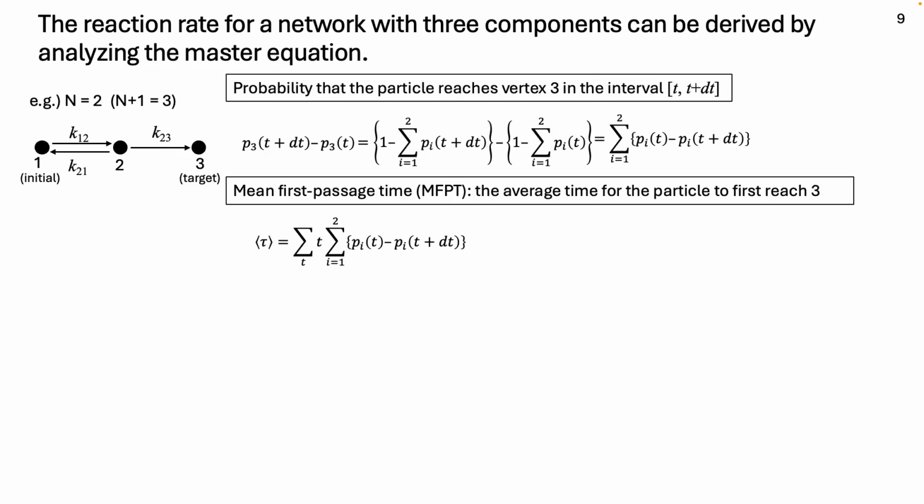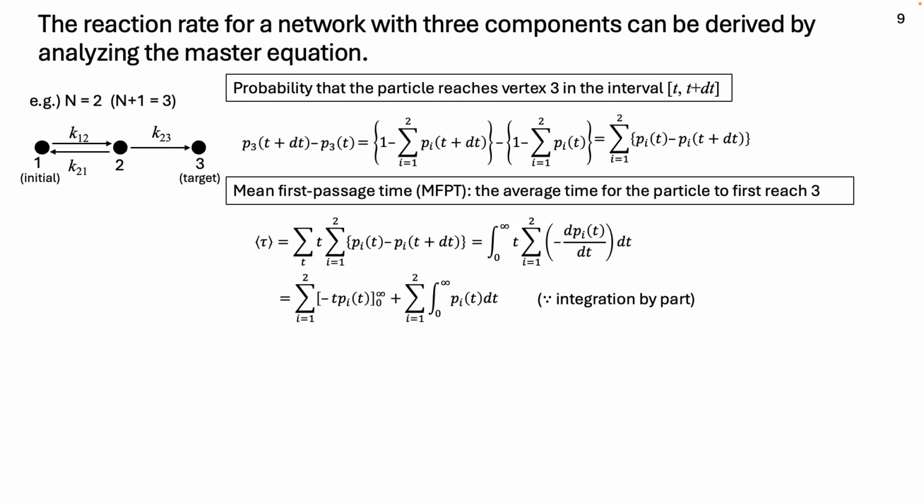And then the mean first passage time is the summation of t times this probability. And if dt is small, the summation is an integration, and the difference is a derivative.